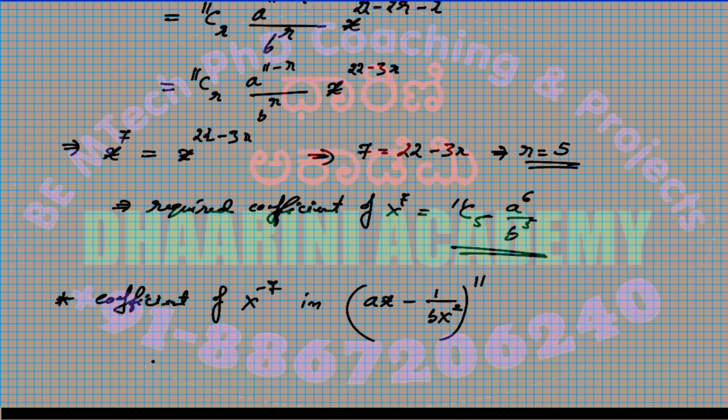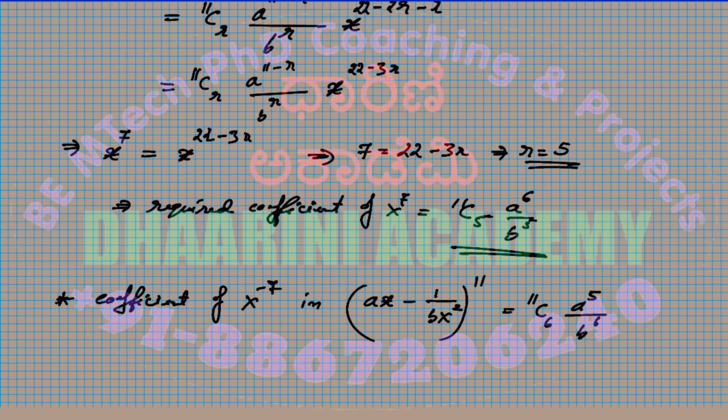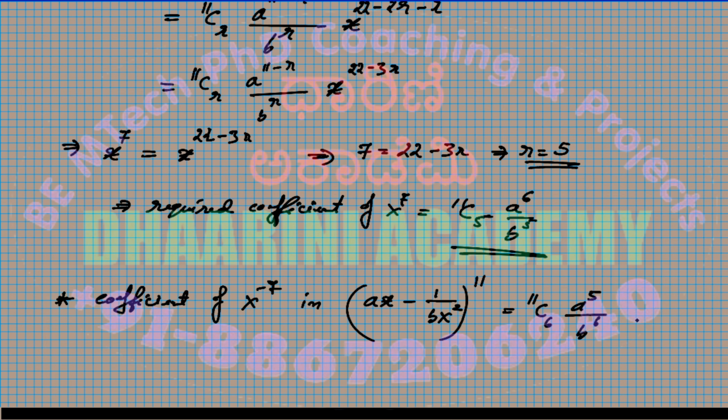Okay, so the coefficient of x to the 7, this is equal to 11c6 into a to the 5 divided by b to the power 6. So we have answer like this. That's correct. Let's move further.